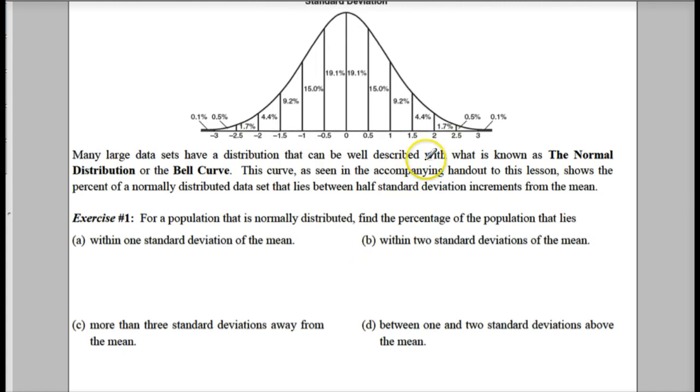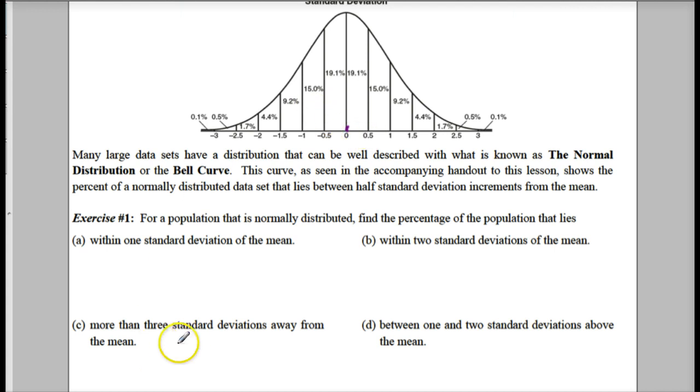Now, just to understand this diagram, exercise 1. For a population that is normally distributed, find the percent of the following. Find the percent of the population that lies within one standard deviation. So remember, 0 is your starting point, the mean.